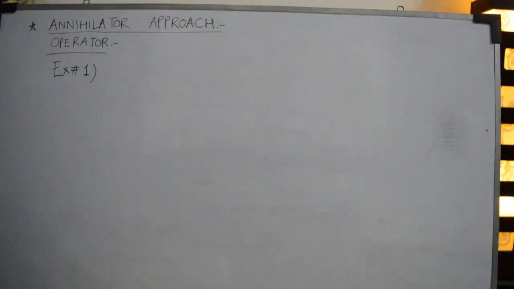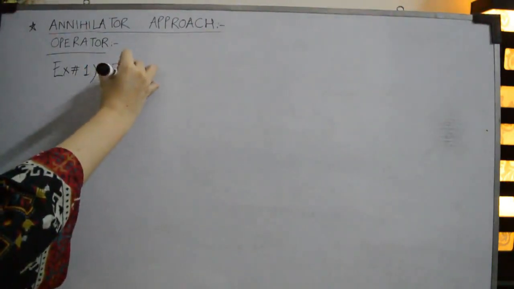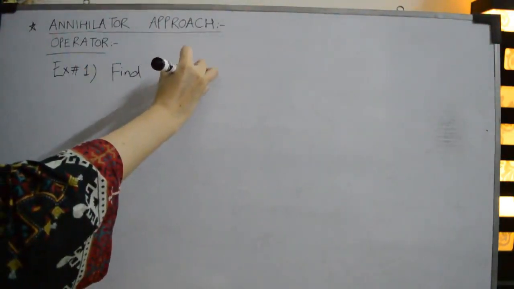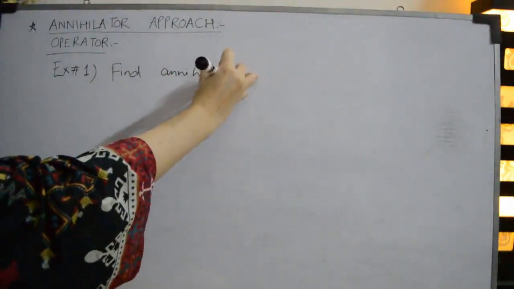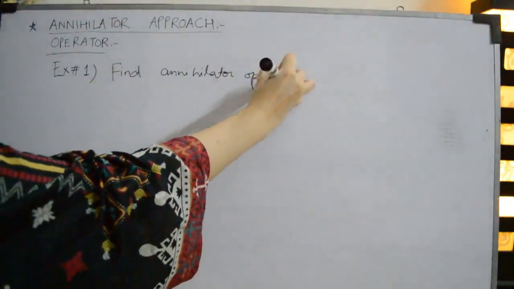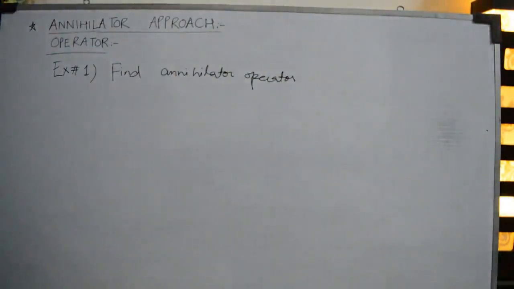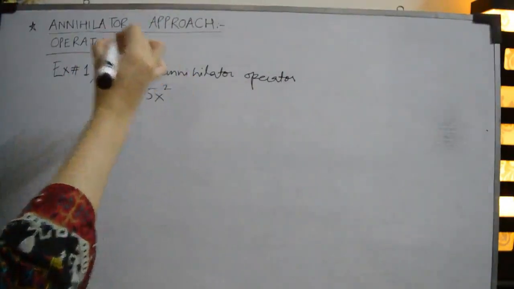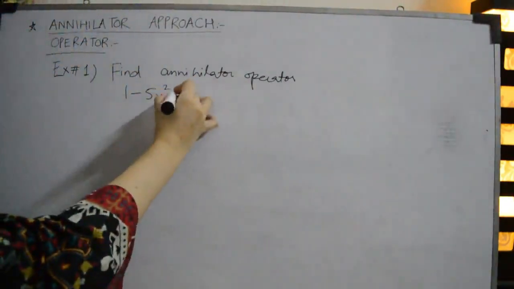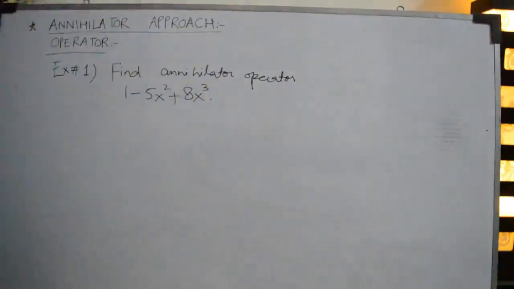Find the differential operator, or we can say the annihilator operator, that annihilates the function 1 minus 5x square plus 8x cube.